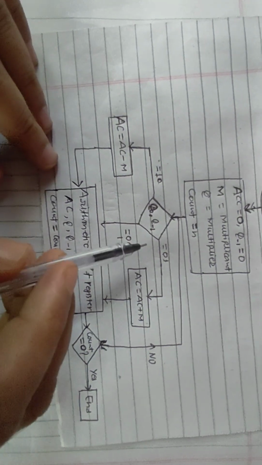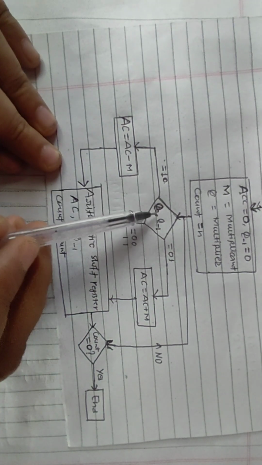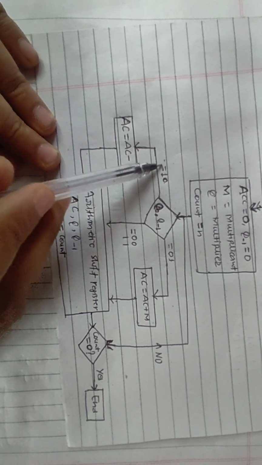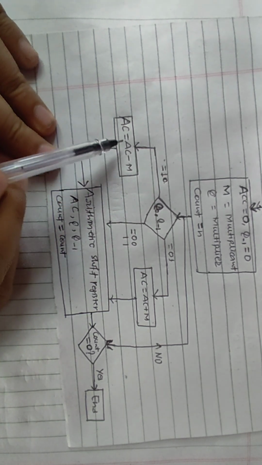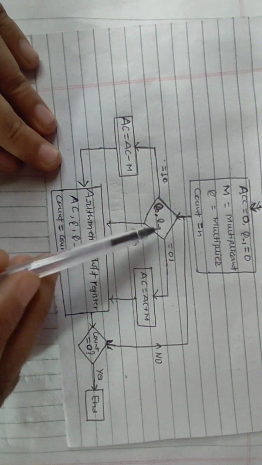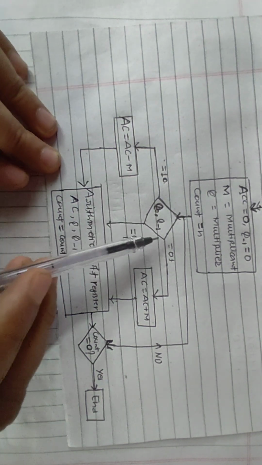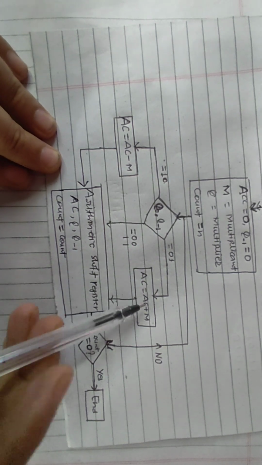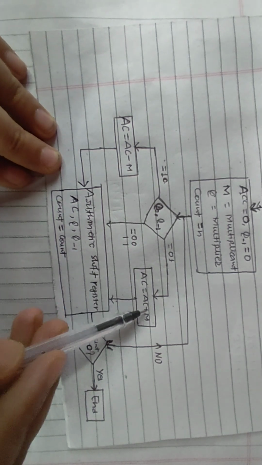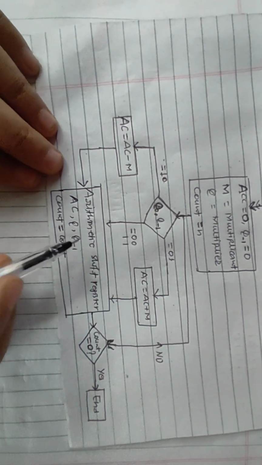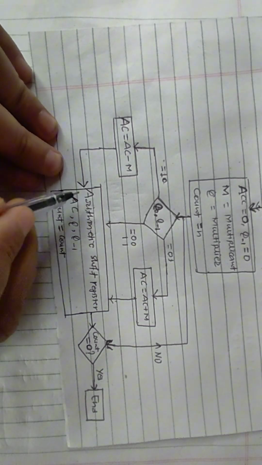If the combination is 1 0, then accumulator is equal to accumulator minus m. If the combination is 0 1, then we have to increase the value of the accumulator by the value of m. And if it is 0 0, then simply we go to the next step.